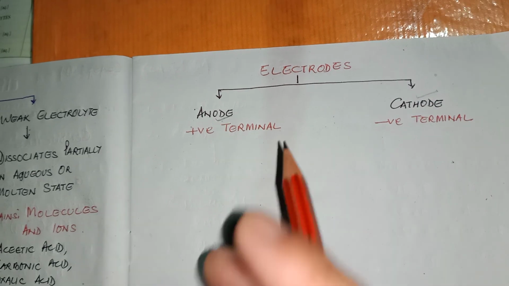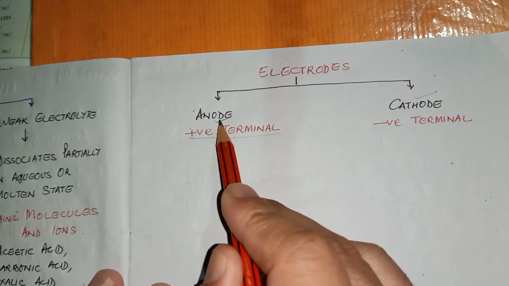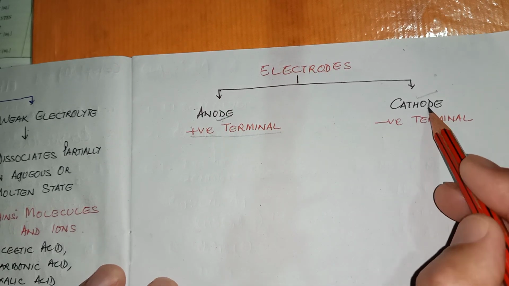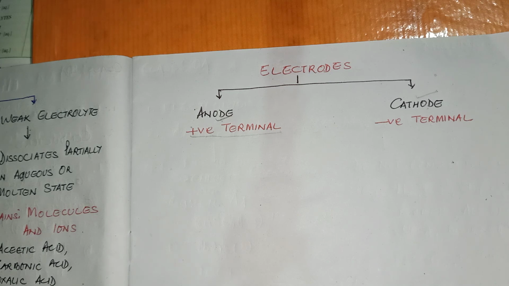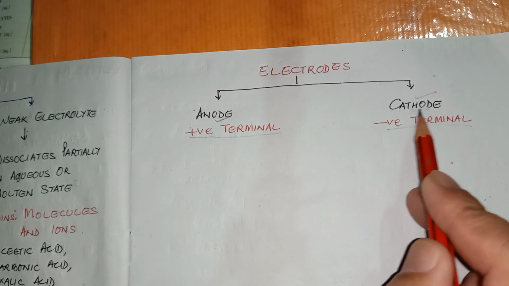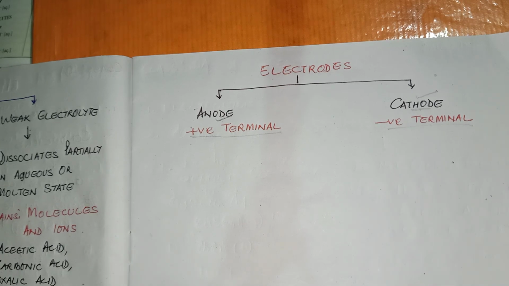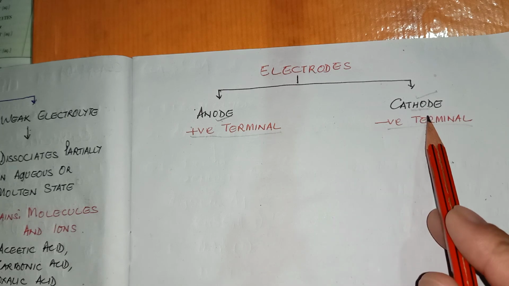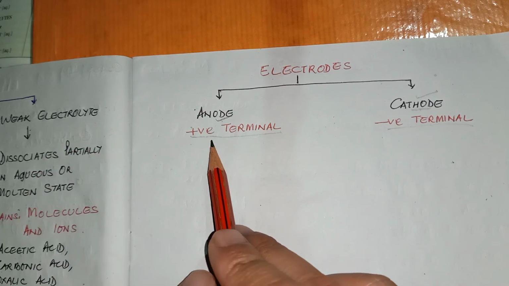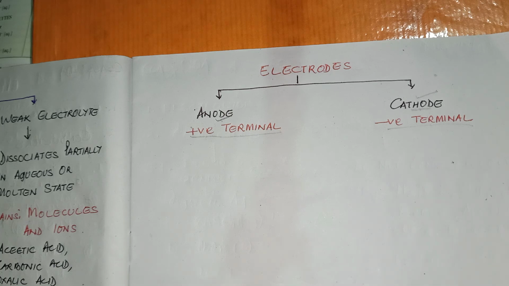Anode is the electrode which is connected to the positive terminal, therefore it is positive in nature, whereas cathode is the electrode which is connected to the negative terminal, and therefore its charge is negative. So anode is the positive terminal, whereas cathode is the negative terminal.